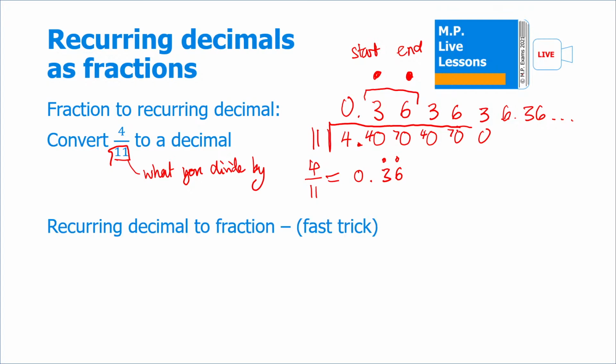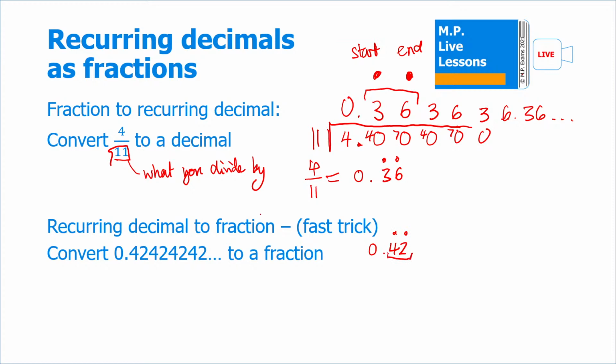Now to do the opposite, there could be a fast trick. If you're given, let's say, this recurring decimal, this would be 0.42 recurring. If the recurring bit immediately starts after the decimal point, what you can easily do is divide by 9, 99, or 999, and so on. So it depends really on the number of digits that repeat.